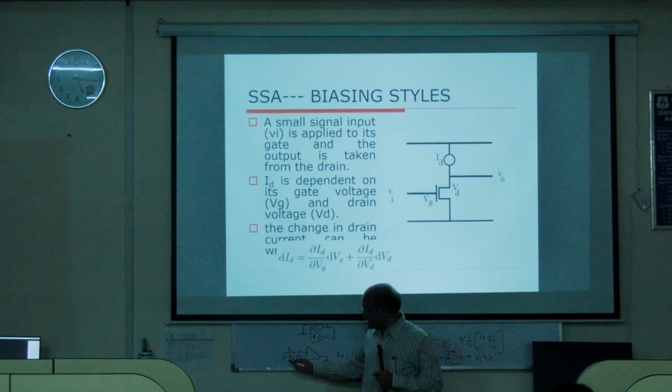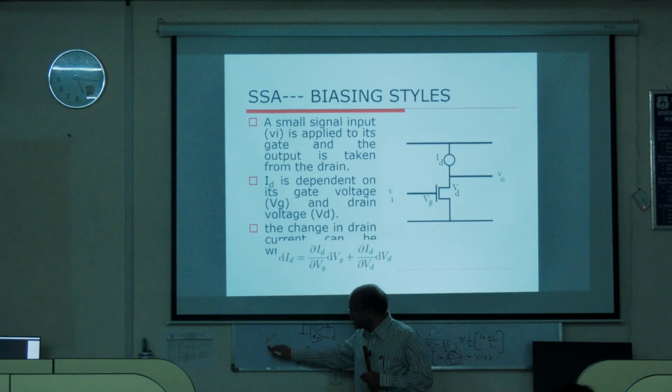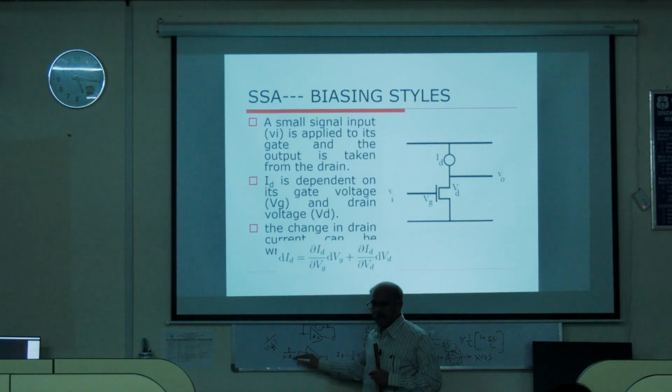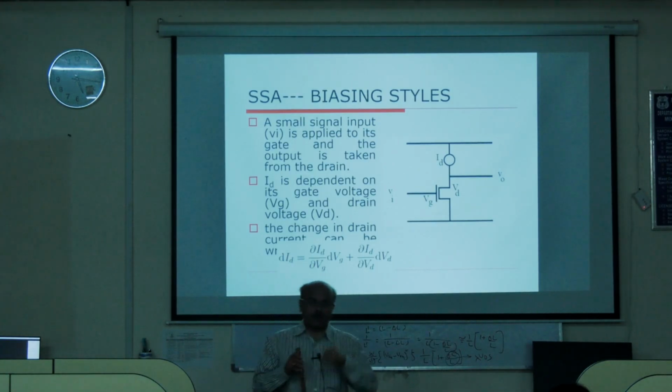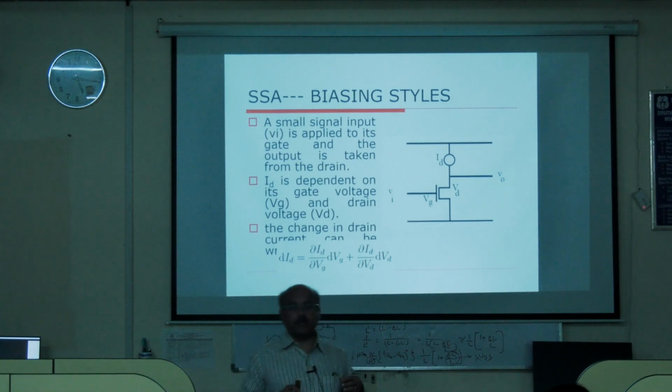So that can be written as Z by 1 minus AV. So Z is equal to 1 by CGD S into 1 minus AV. 1 is small compared to the voltage gain, so it is AV. It appears that CGD is multiplied by gain times and is appearing at the input. So that may cause the frequency response to be hampered.